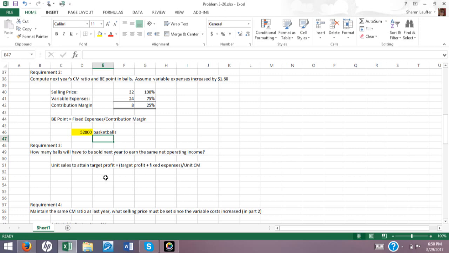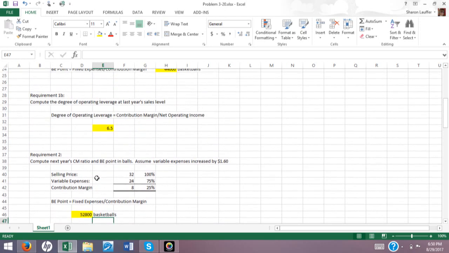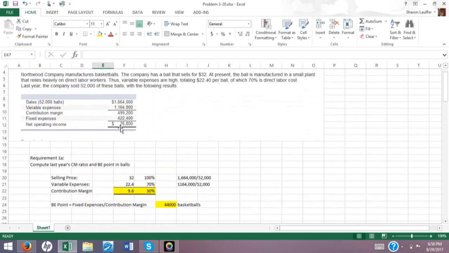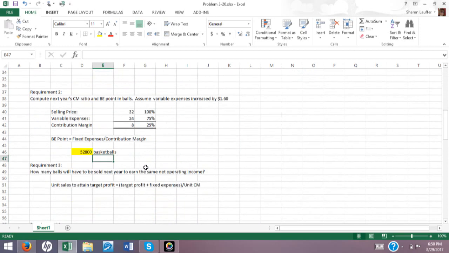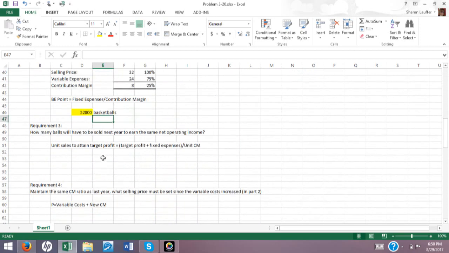So we've got our target profit, which is what it was last year. So we go all the way up here. That's $76,800, so that is our target profit. We're going to add to that our fixed expenses, which are given in the problem, $422,400.